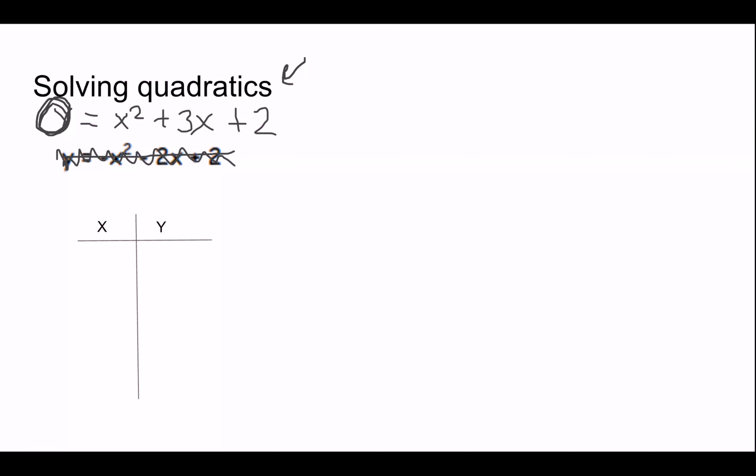So, we're going to graph this to find where it's going to cross the x-axis. If you remember from last week, we graphed this by finding the vertex first. I find the vertex by doing negative b over 2a.